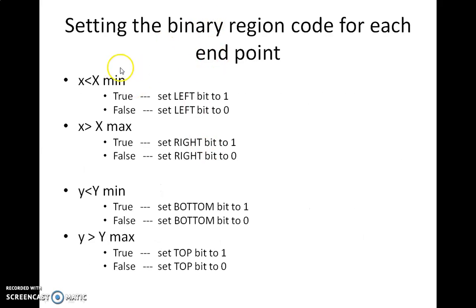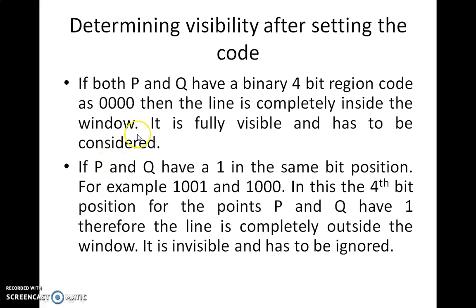These are the rules: the x coordinate of a particular point must be compared with x min and x max, and the y coordinate must be compared with y min and y max. Now we have calculated. Suppose both P and Q have all zeros as their binary region code, then the line is fully visible and has to be considered.